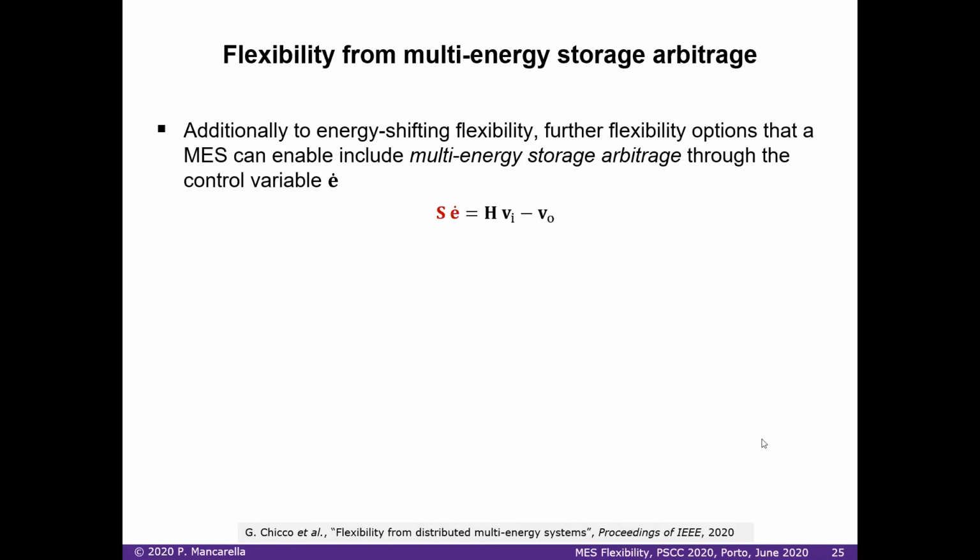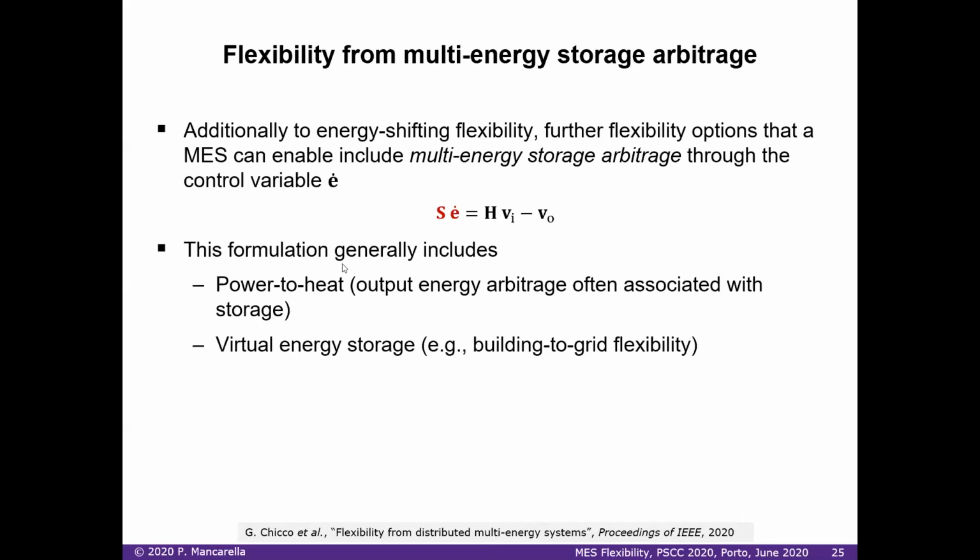What are the options do I have? Let's look at this multi-energy storage arbitrage. In this case, effectively what I can do is explore the opportunities that are coming from intertemporal arbitrage, and the features that belong to this case would typically be power to heat and virtual energy storage.